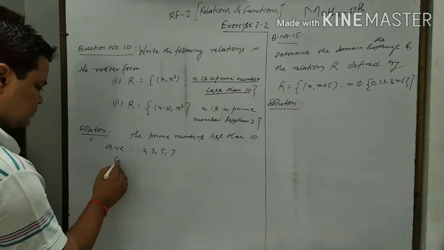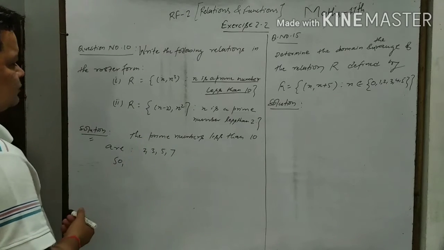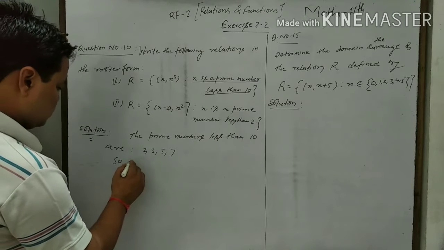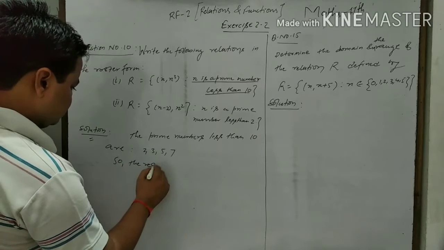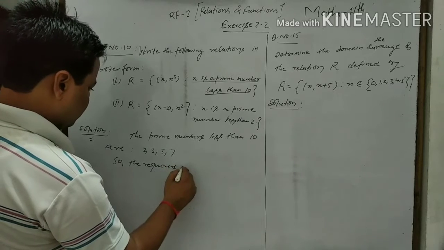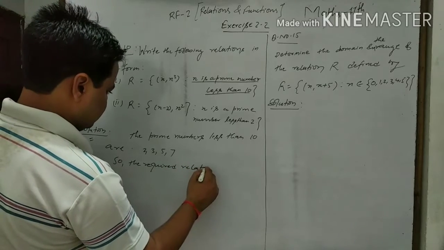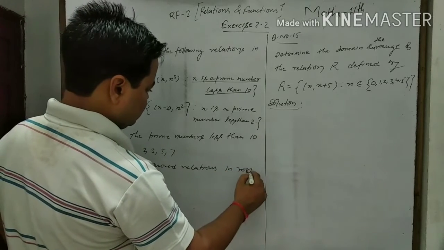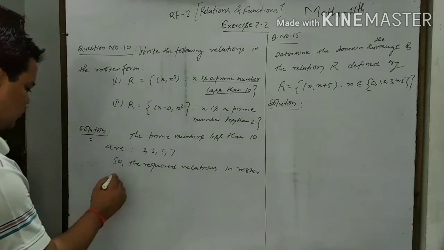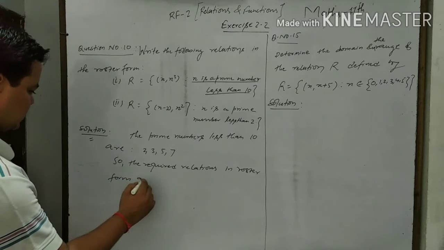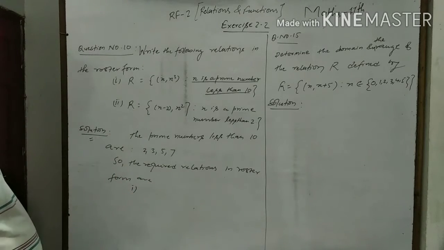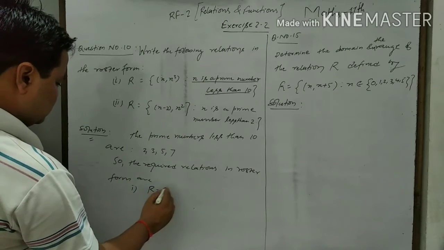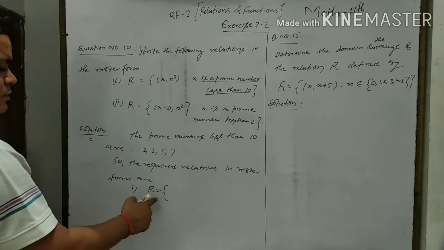So the required relation in roster form is, first, R is equal to, meaning the relation.